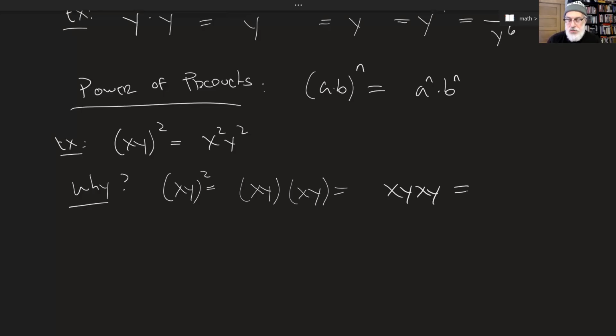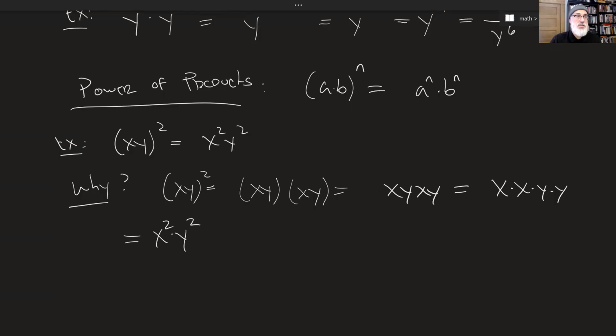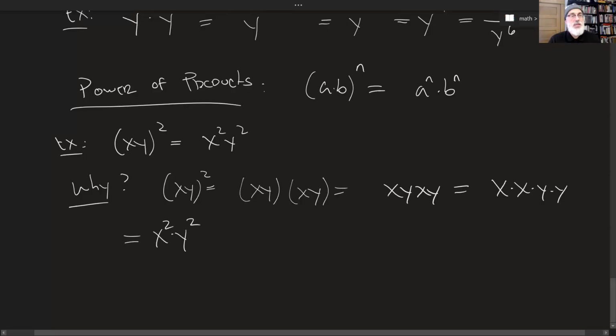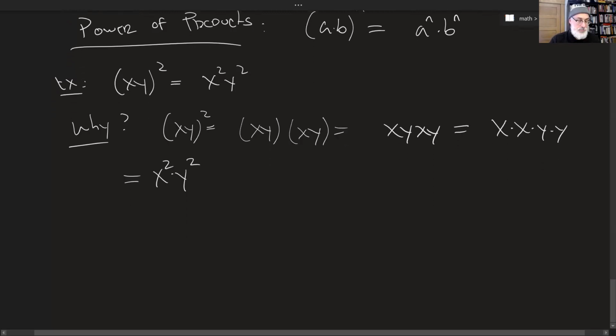Now, the commutative property says that I can arrange these this way. And x times x is just x squared, and y times y is just y squared. So again, this is a shorthand. (xy) squared gives us x squared, y squared. The longer process on the bottom, knowing that we're using the associative rule and the commutative rule, gets us to the same result.